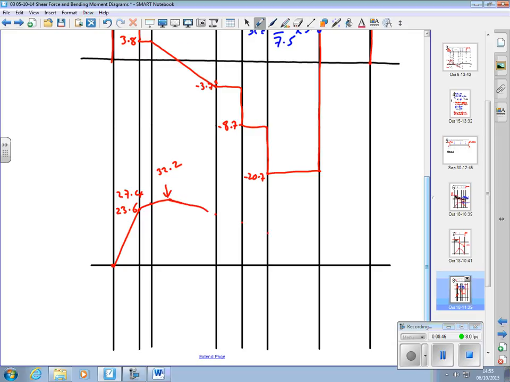So I work out that area. I'm trying to draw a curve here. Work out that area there, which will tell me what this point is. And again, the gradient is starting at 0 and going more and more negative, so it curves more and more like this. And I think that point is, can't read my own writing here.